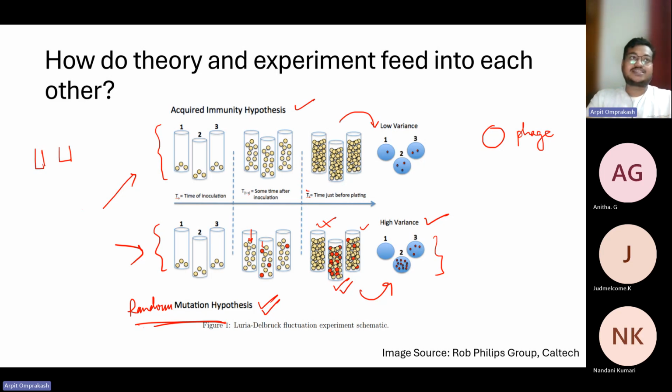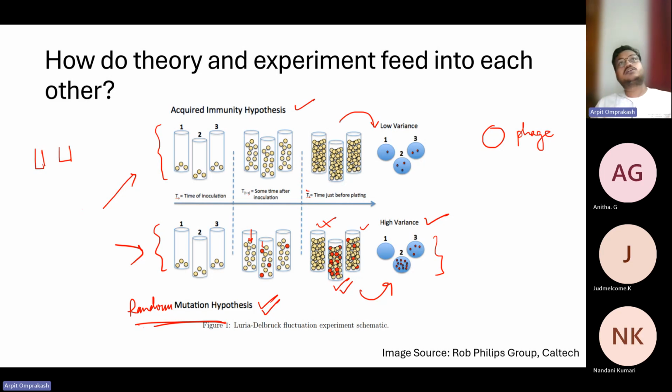But what this example helps us understand is that they had some observations that some bacterial cells are resistant to phage and some are not. Based on that, they developed these theories, the acquired immunity hypothesis and the random mutation hypothesis.